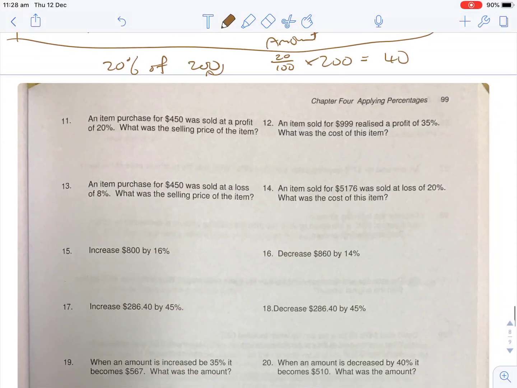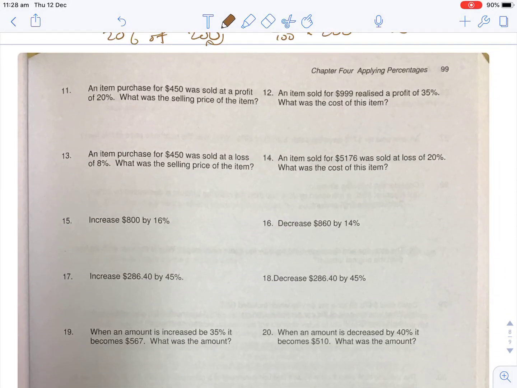Okay, so these are some of the review questions in CLUP. Let's have a go and have a look at this. So this is question 11. An item purchased for $450 was sold at a profit of 20%. What was the selling price of the item? So basically I'm going to increase this by 20%. I started at 450, timesing by my multiplier.